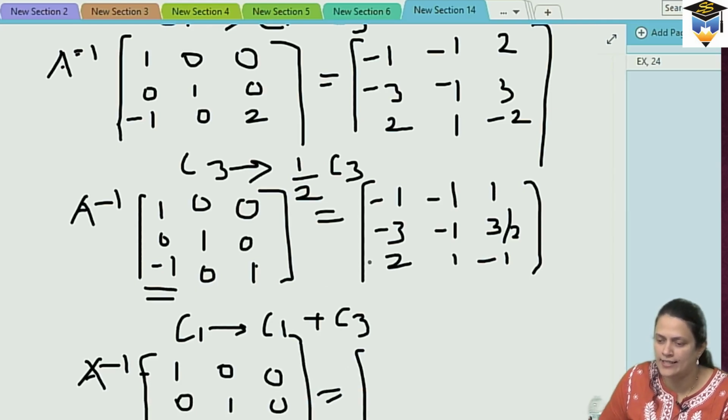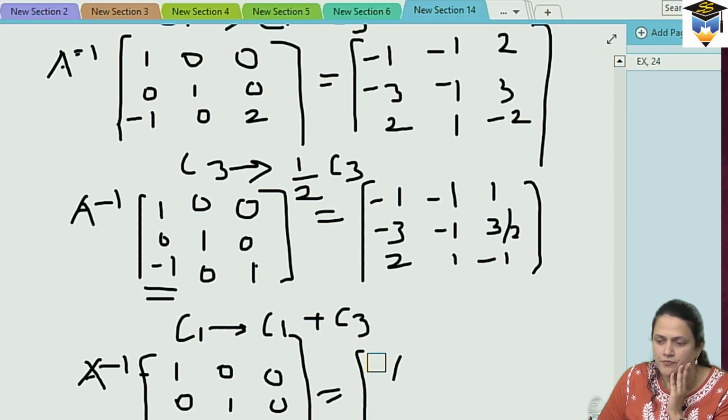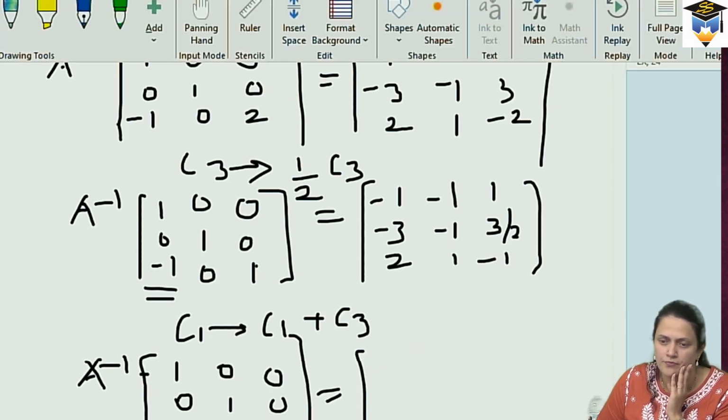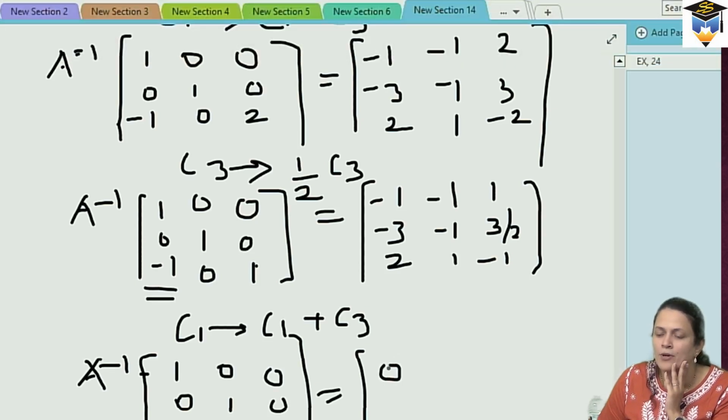Similarly, on the right hand side, C1 will change. C1 plus C3 is 0. And tell me what is minus 3 plus 3 by 2. So I am going to do it over here in the rough work.